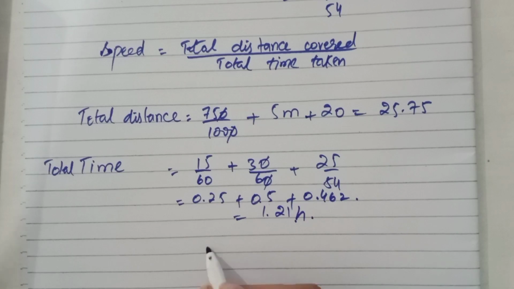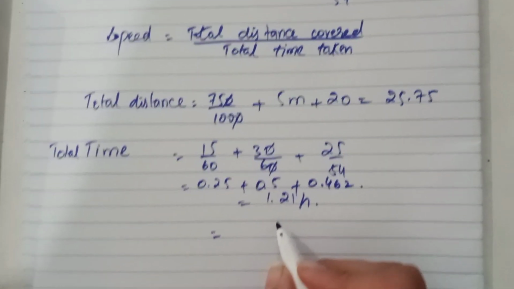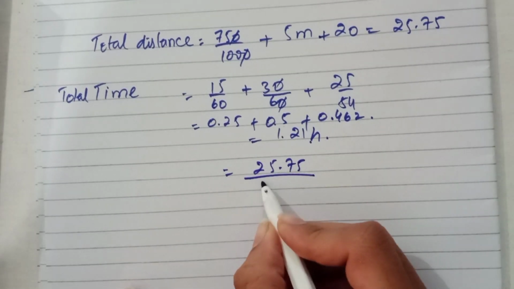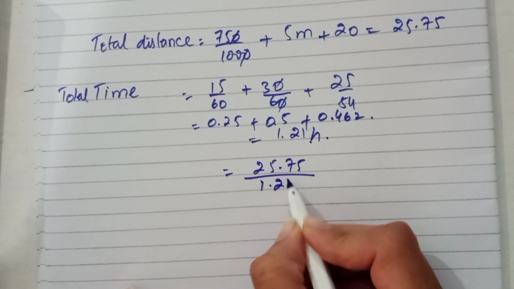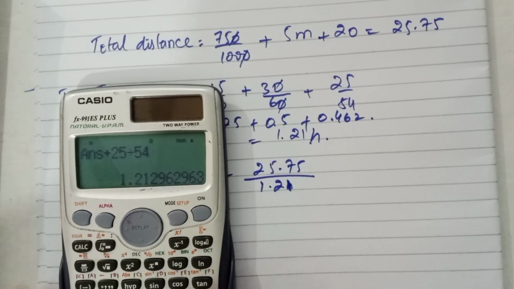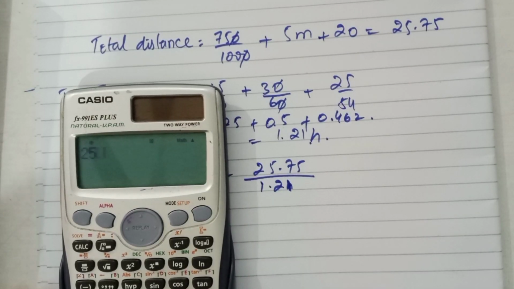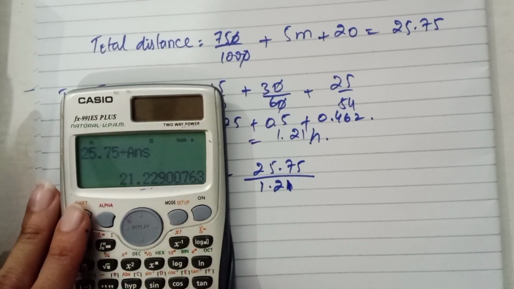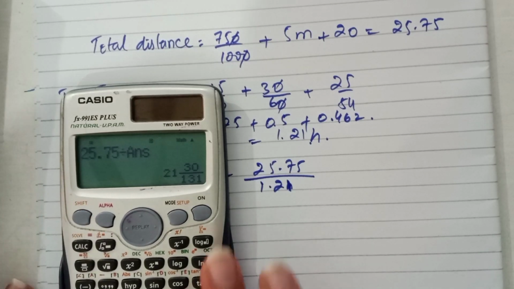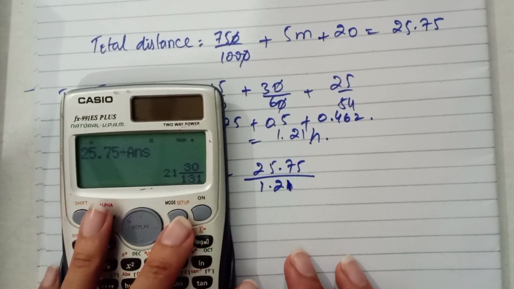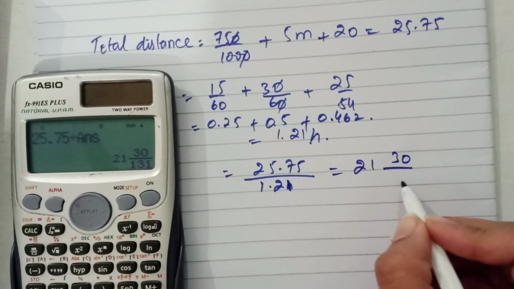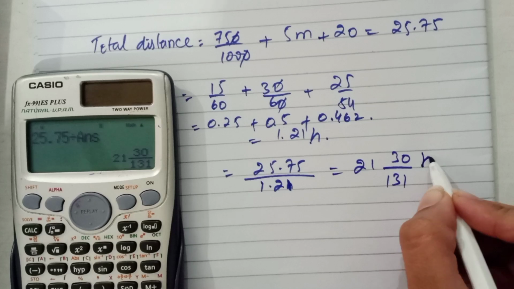Now put these values in the speed formula. Total distance covered 25.75 and total time 1.21. We have to divide 25.75 by the answer, and by pressing shift and that sign we get the answer in mixed number, and that is 21 and 30 over 131.